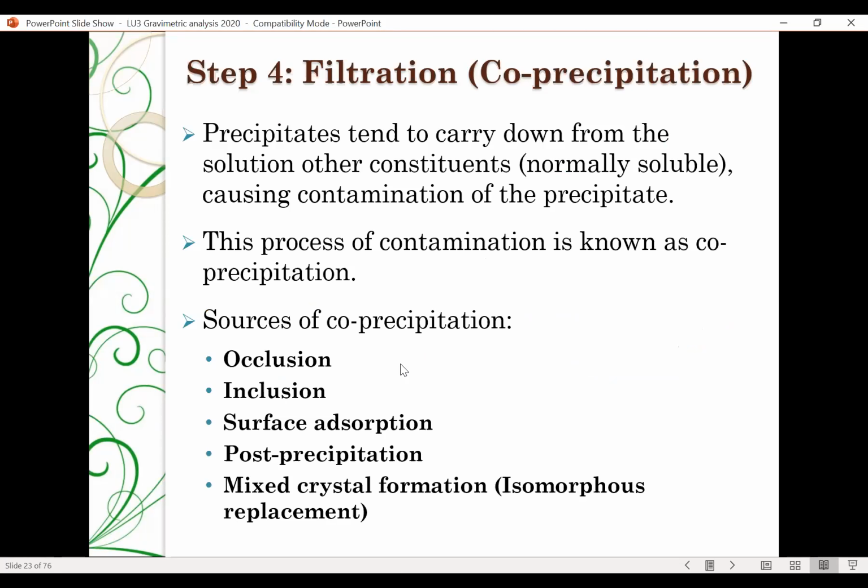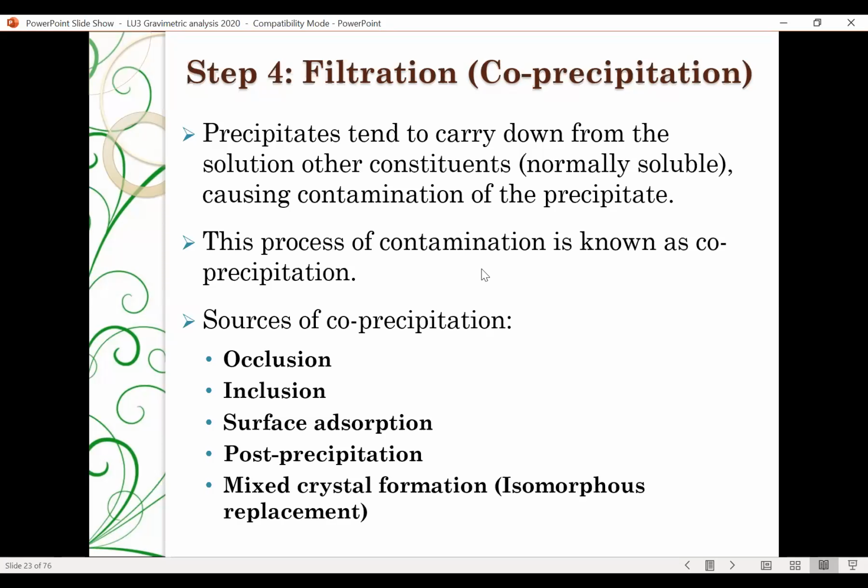When we talk about filtration, even though we filter our precipitate, during precipitation the precipitates tend to carry down from the solution other constituents, which are normally soluble, causing contamination to the precipitate.